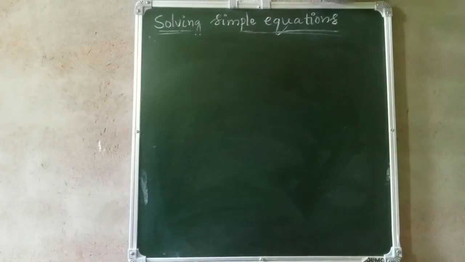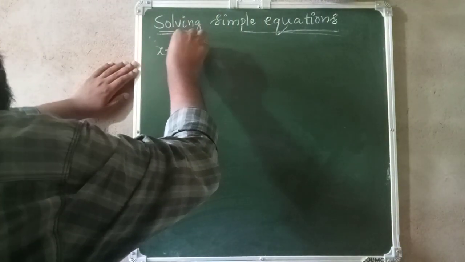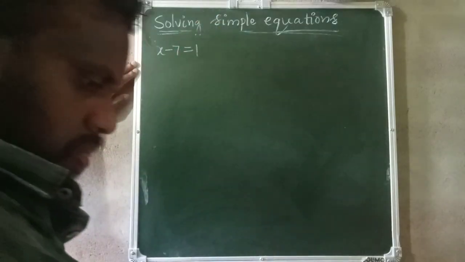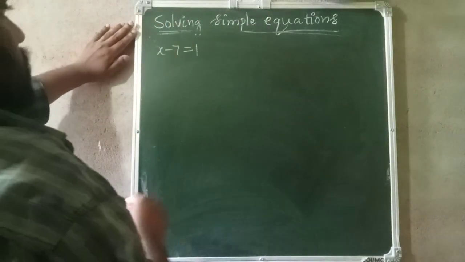One more example. x minus 7 is equal to 1. Okay.